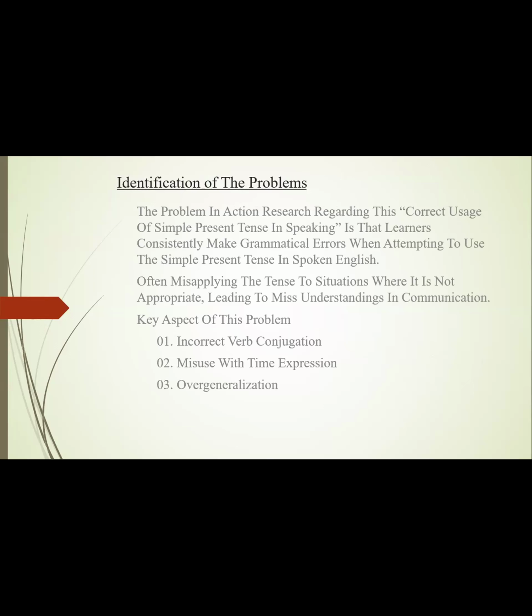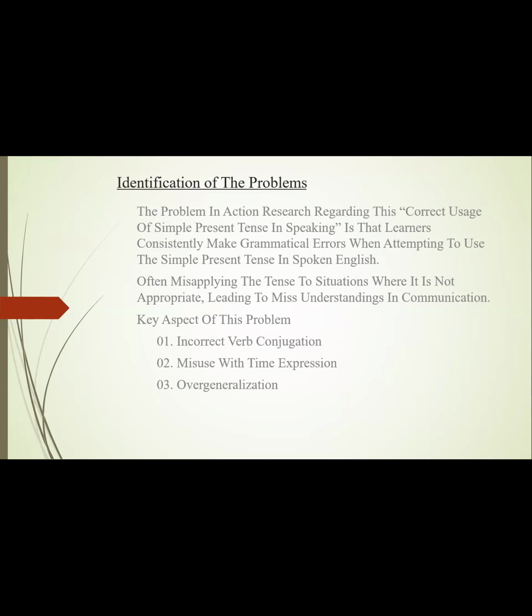Identification of the problem. The problem in this action research regarding the correct usage of simple present tense in speaking is that learners consistently make grammatical errors when attempting to use the simple present tense in spoken English, often misapplying the tense to situations where it is not appropriate, leading to misunderstanding in communication.